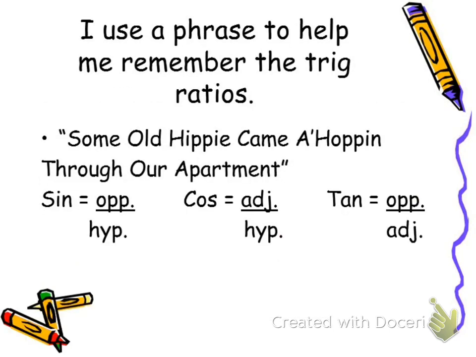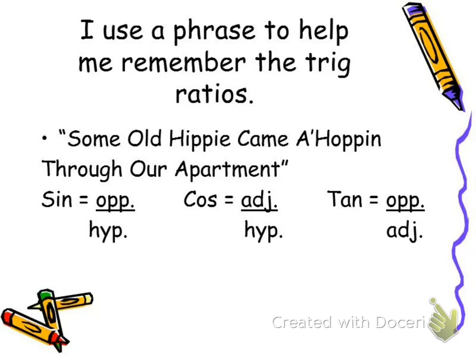Here's a mnemonic that might help you remember this. Some old hippie came a-hopping through our apartment. Now, the other phrase that we learned when I was in school, you might have heard someone say it before, is SOHCAHTOA. Anybody heard that? Yeah.